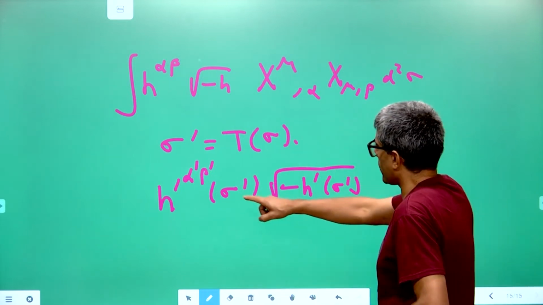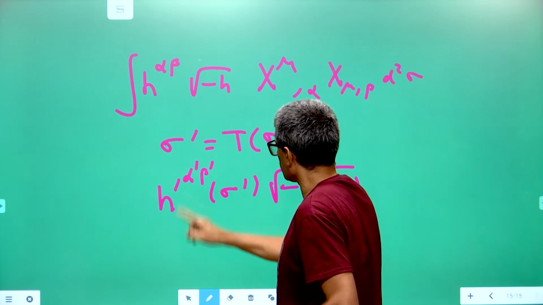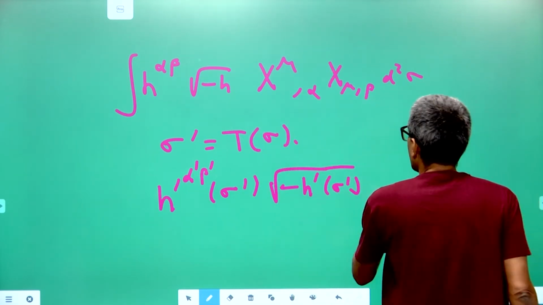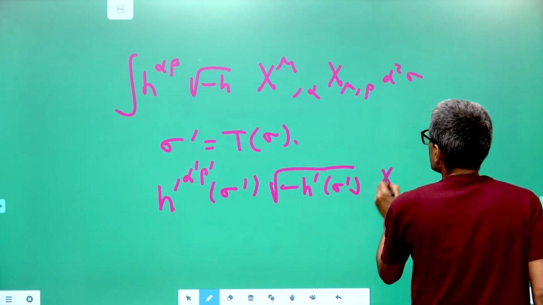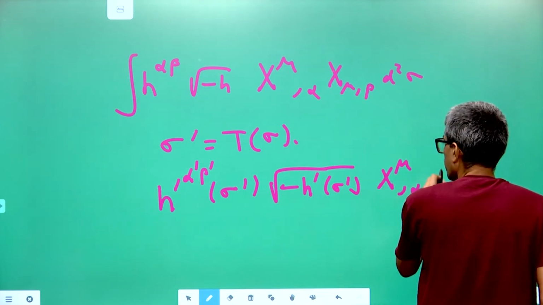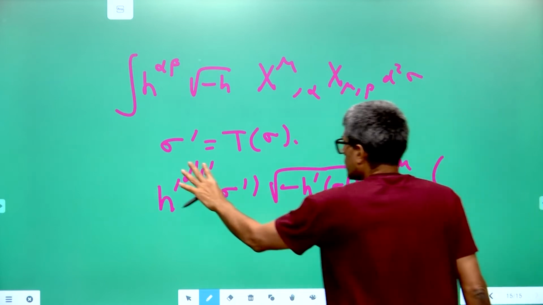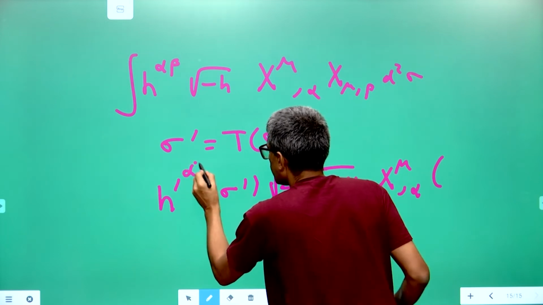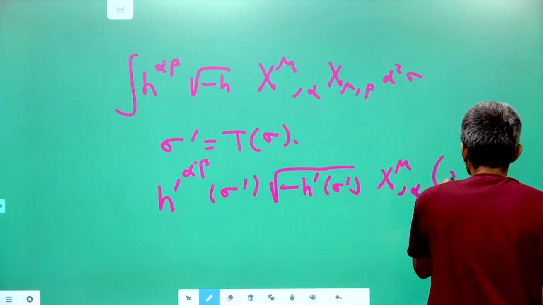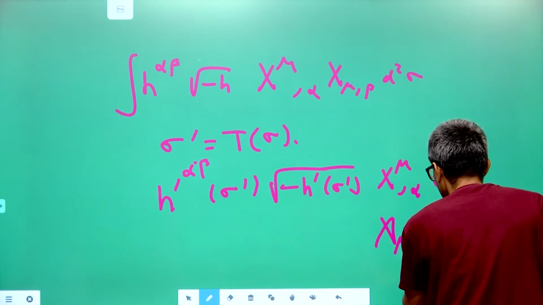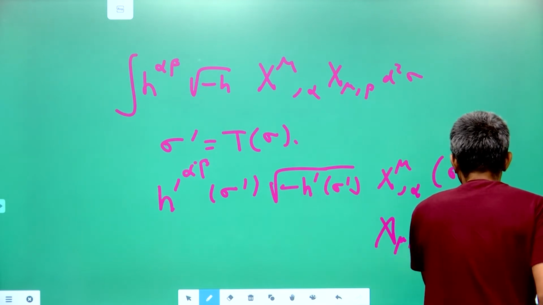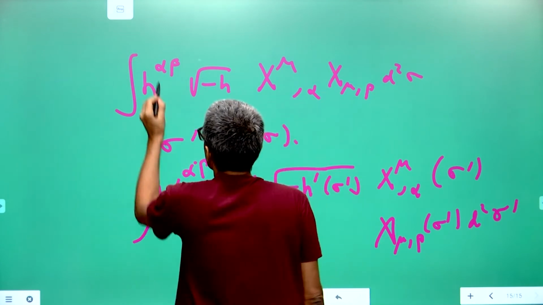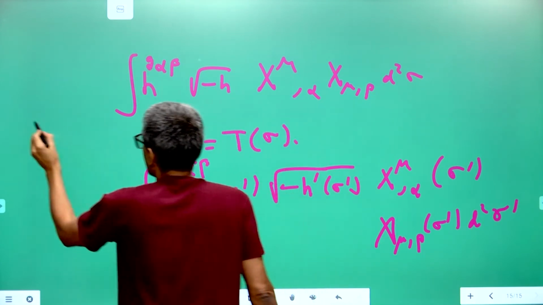I am changing this metric to this, and I am calling sigma as sigma dash. So, x mu at alpha at sigma dash, x mu at beta at sigma dash, d2 sigma dash. I can also write it in this form, the same integral with h changed by g, so h g equal to h dash.